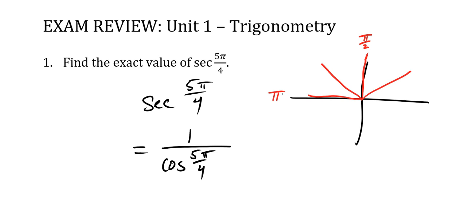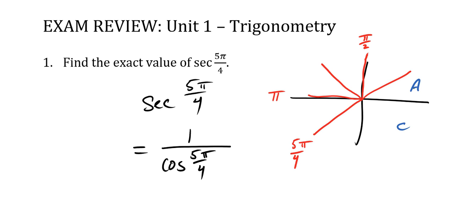So you can replace pi with 180. That's one of the things that we do when we're converting. And 4 pi over 4 is the same as 1 pi, right? So 1 pi by 4, 2 pi by 4, 3 pi by 4, 4 pi by 4, and 5 pi by 4, which is what we're looking for. So we are in the third quadrant.